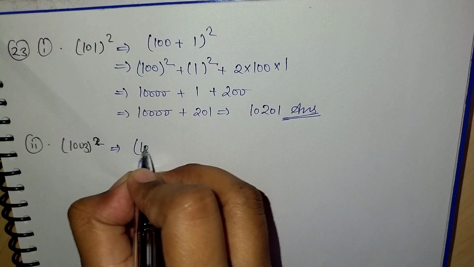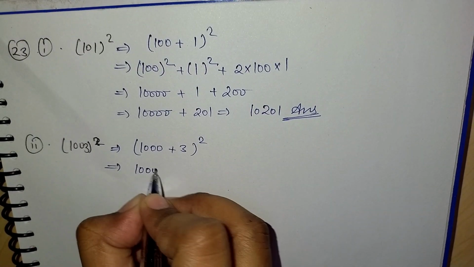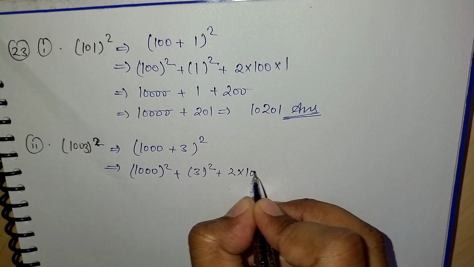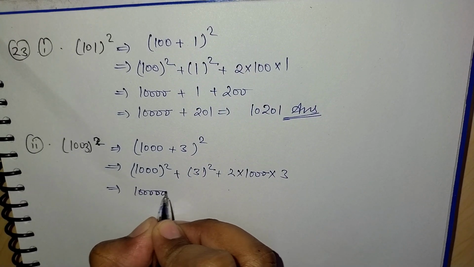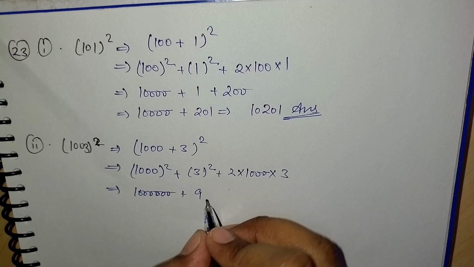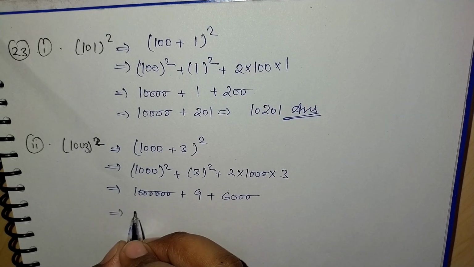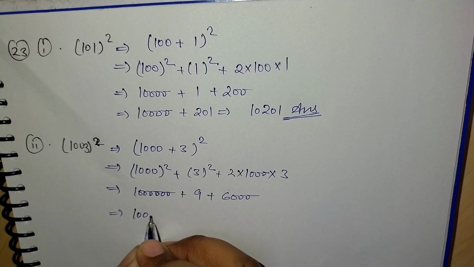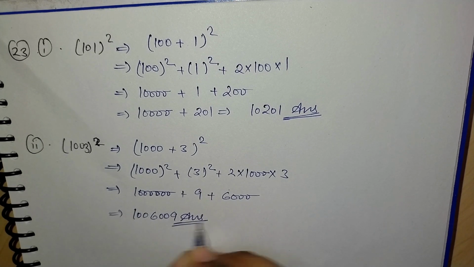So let us put it as (1000 plus 3) whole square equal to 1000 square plus 3 square plus 2 into 1000 into 3, equal to 1000000 plus 9 plus 6000, equal to 1006009. So we have this as the answer in this question.